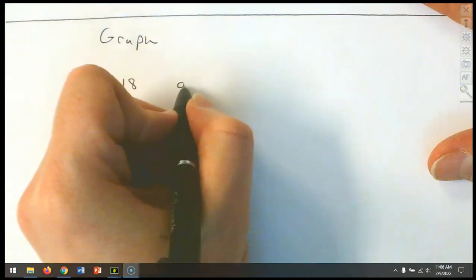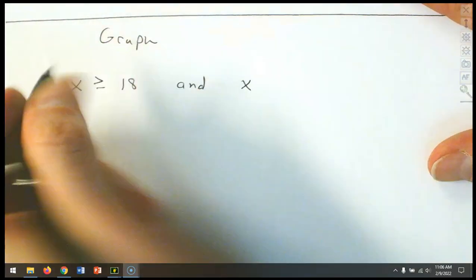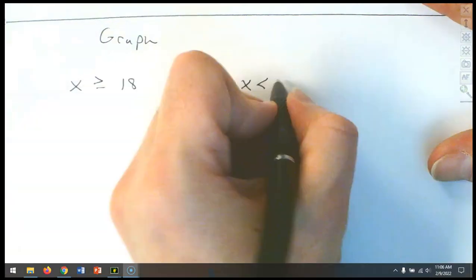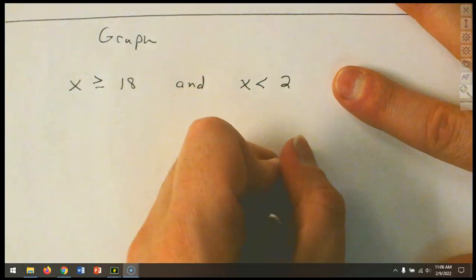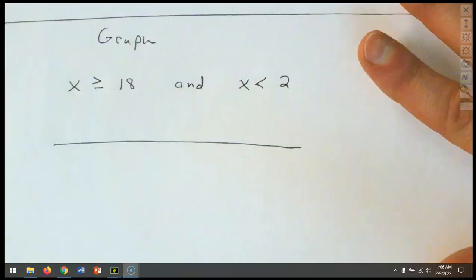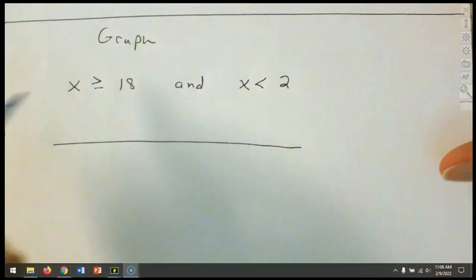So let's do one more example here. And again, we're going to try and graph this one. How about we say x is greater than or equal to 18 and x is less than 2. This one's going to give us a completely different answer. First one, we'll graph it in blue.